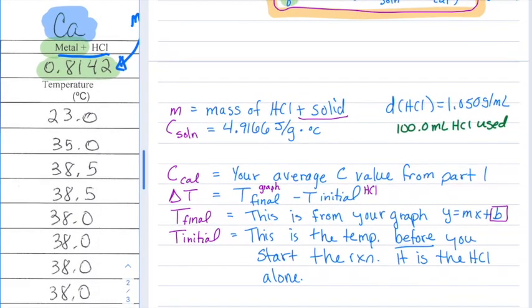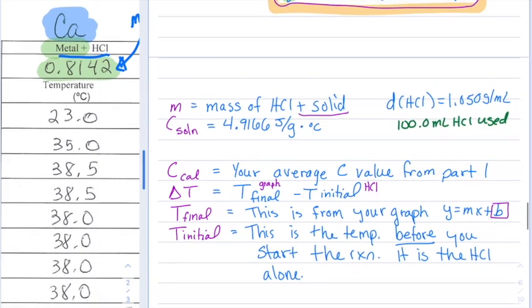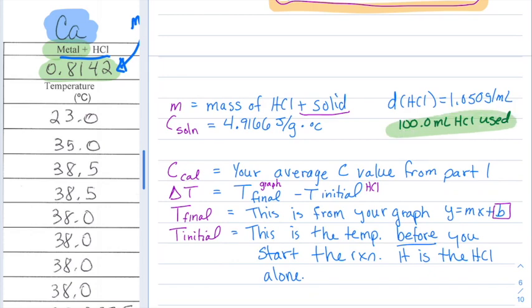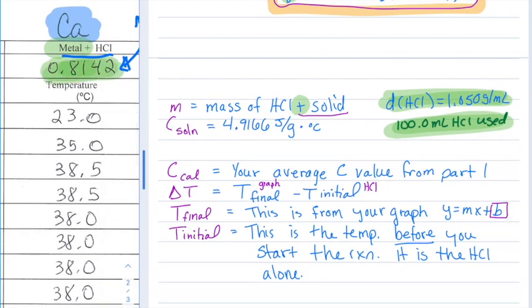How you're going to get the mass of the HCl is you're going to assume that Dr. Perot expertly poured a perfect 100 milliliters into her graduated cylinder, and then you're going to use the density right here to convert it from milliliters to grams. But don't forget, you've got to add them together. That's a common mistake on this lab, forgetting to add in the solid. So you've got both the HCl converted into grams, and then the mass of the solid.